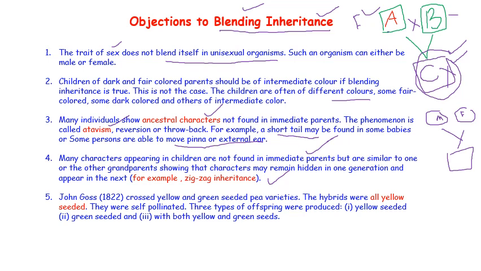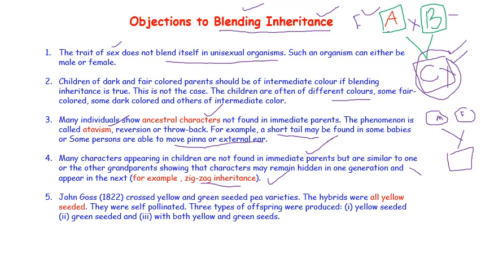So the characters remain hidden in one generation, then appear in the next generation. This is another objection to blending inheritance.